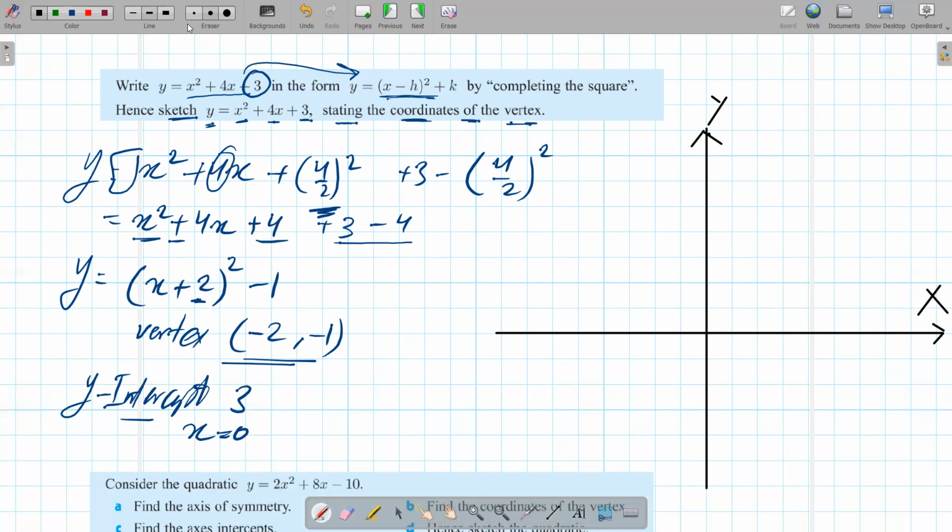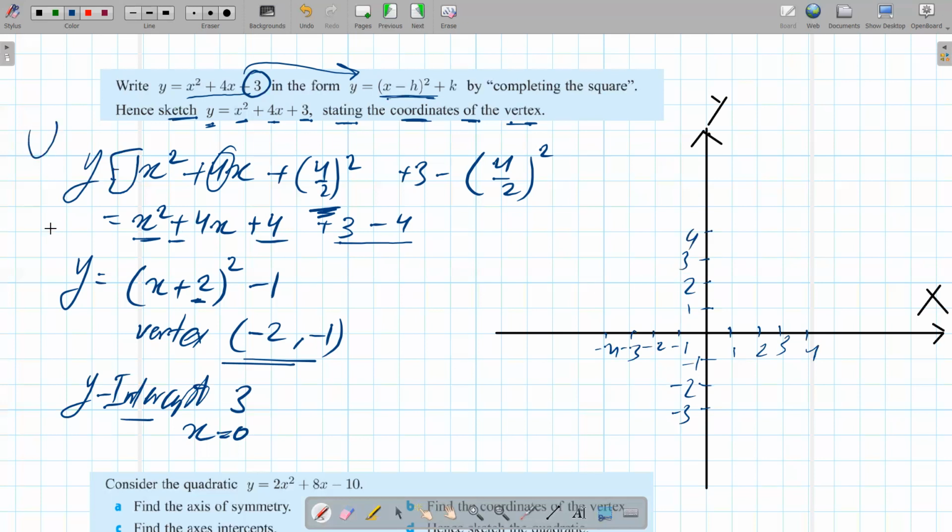After that, we're gonna plot the points: here 1 and 2 and 3 and 4, here -1 and -2 and -3 and -4, and here -1 and -2 and -3, 1 and 2 and 3 and 4.